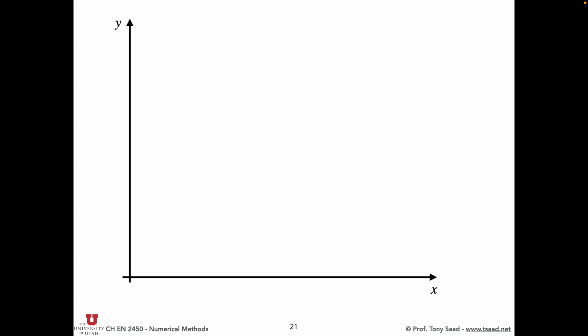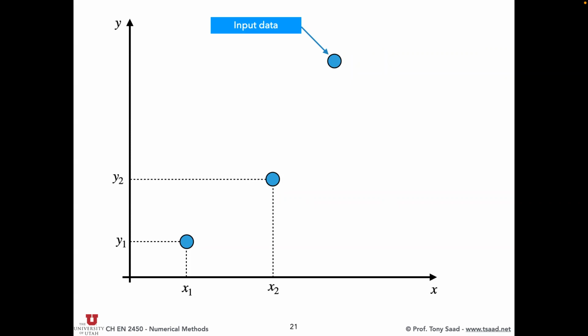Okay, so instead we're gonna do regression. So I'm gonna take 3 points over here and again call them the input data. Those input data are given as X values and Y values. So for the first point, X1, Y1, for the second point, X2, Y2, and for the third point, X3, Y3. They don't have to be ordered. Regression doesn't care about that.